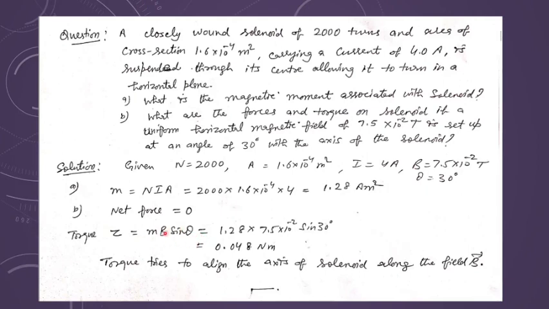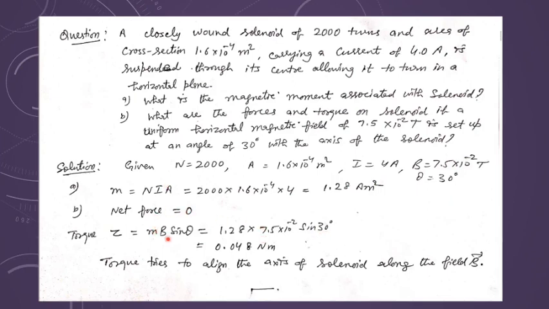M is the magnetic dipole moment, which we have just calculated by putting the values of N, I and A. Magnetic dipole moment or magnetic moment, whatever you may say, the meaning is the same here. B is given in the question, theta is also given, but you should know this formula.